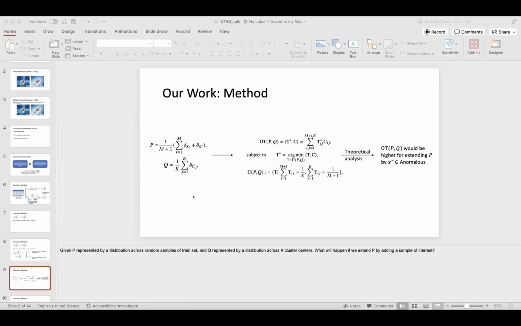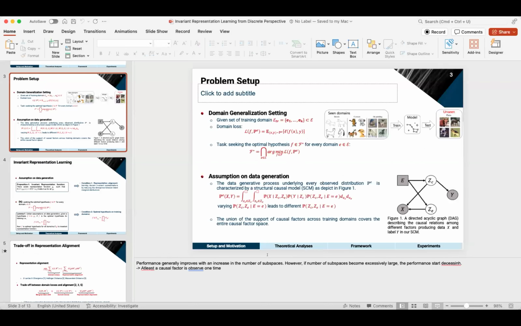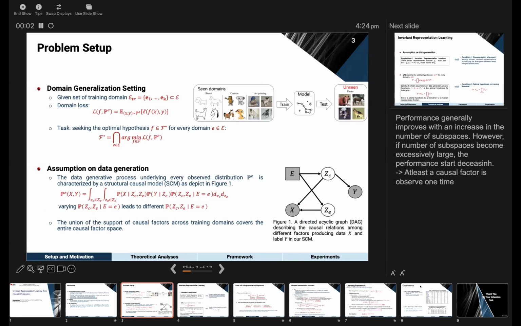We consider the problem of learning invariant representation in the domain generalization setting. So let me introduce the setting first.